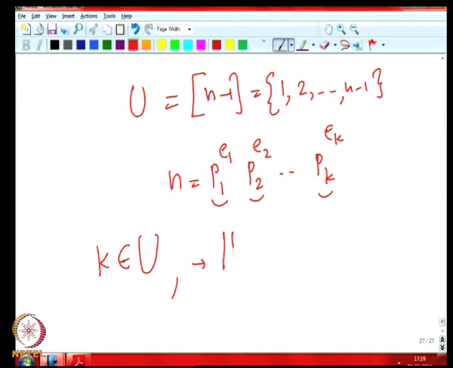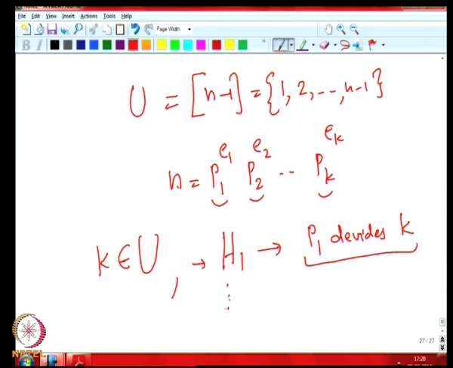Let's say h1 is the first undesirable property, that p1 divides k. Of course p1 divides n. If p1 divides k also, then p1 is a common factor for n and k. So this is indeed an undesirable property.